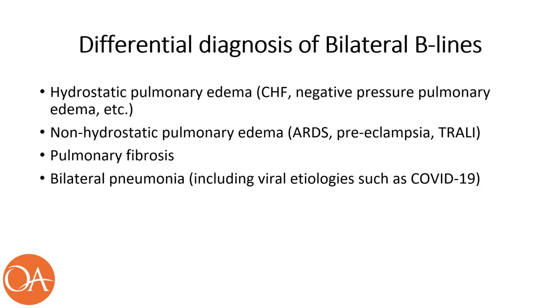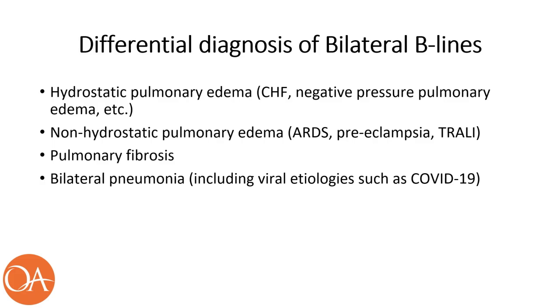When bilateral B-lines are observed on lung ultrasound, they indicate the presence of increased lung water or thickening of the interstitial tissue. However, the underlying causes can vary significantly, making it essential to consider the clinical context. Broadly, the differential diagnosis includes hydrostatic causes such as congestive heart failure or negative pressure pulmonary edema. These conditions occur when elevated hydrostatic pressures lead to alveolar flooding.